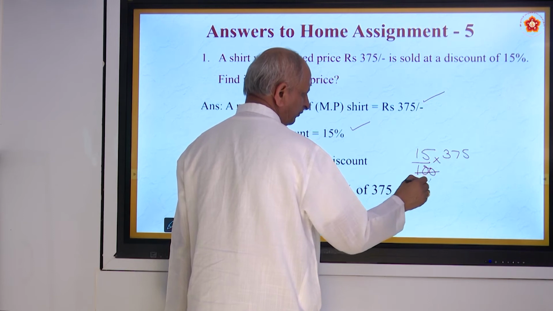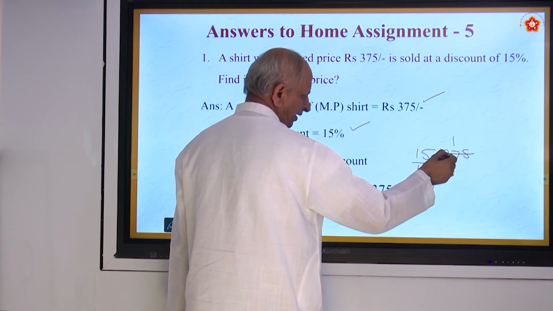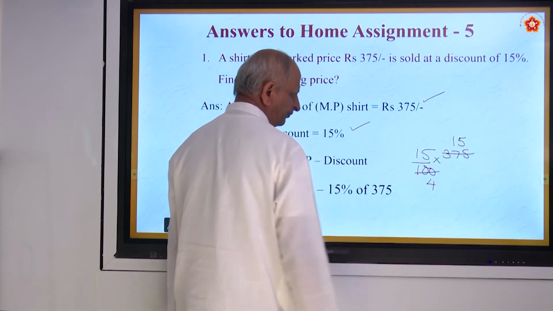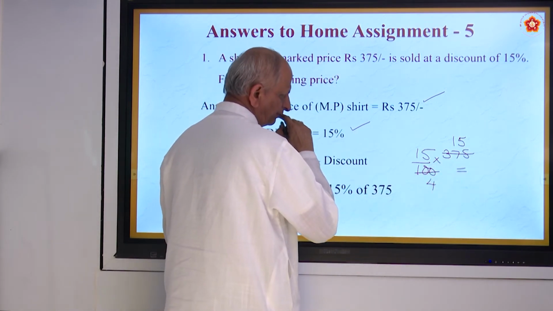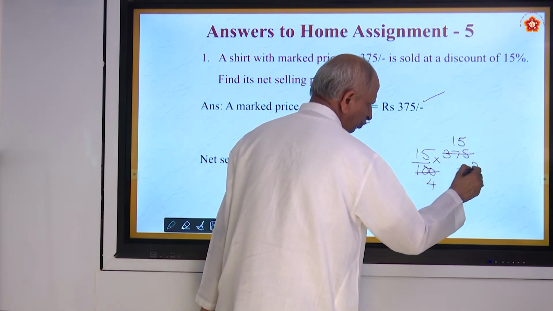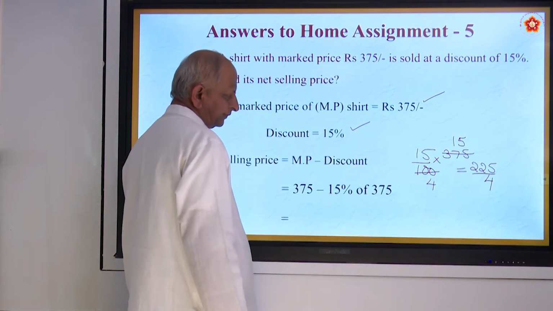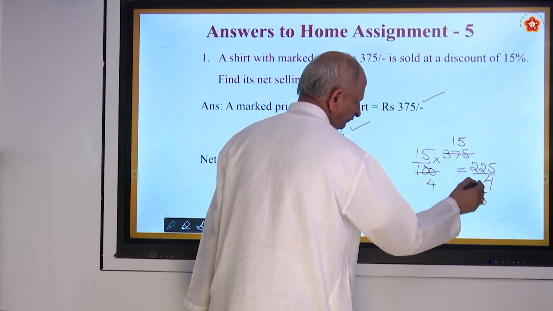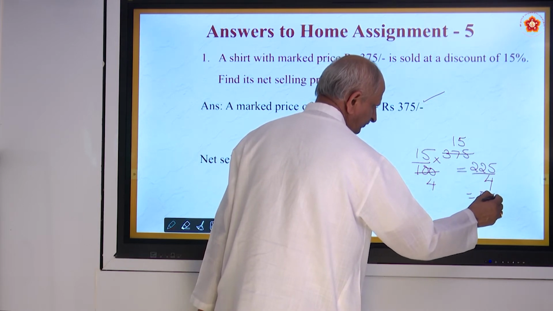So this is 25 fours are, 25 ones are. 125 5s are. So you multiply these two, you get 225 by 4, and that will be equal to 56.25.